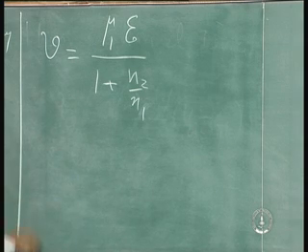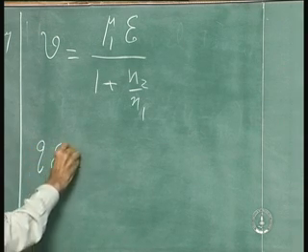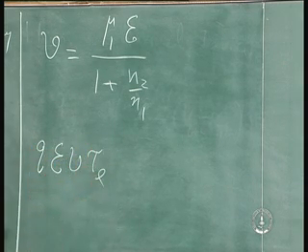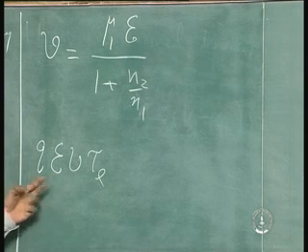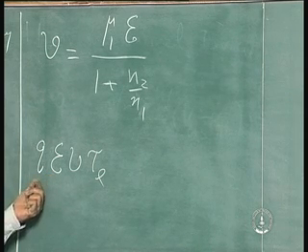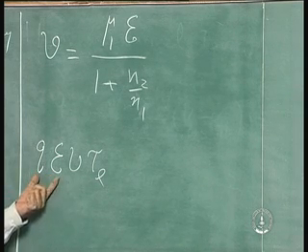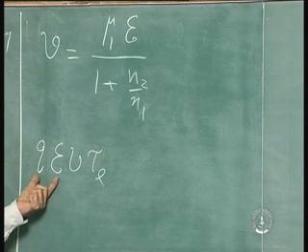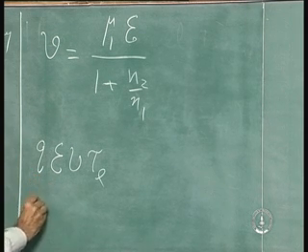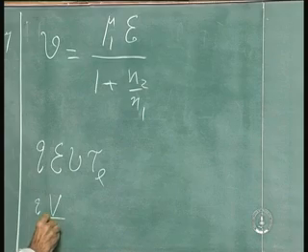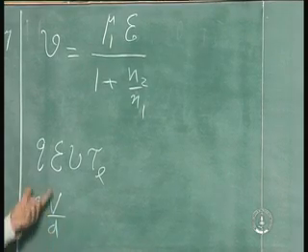So, what we wrote there, you can see Q into V is the energy, Q into electron volts. So, this is actually charge into voltage by distance.